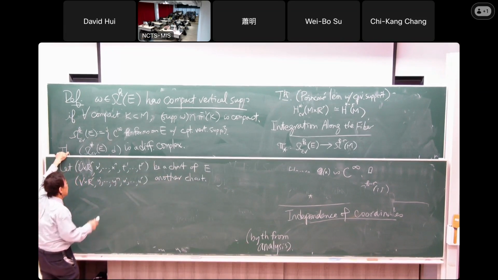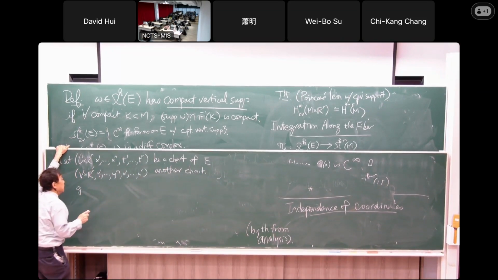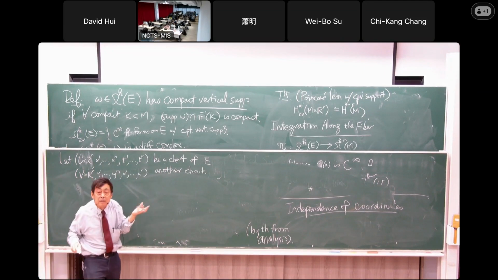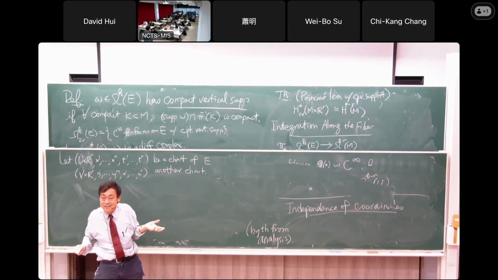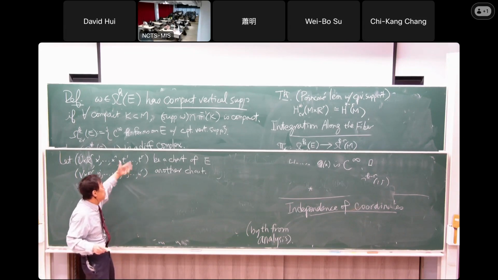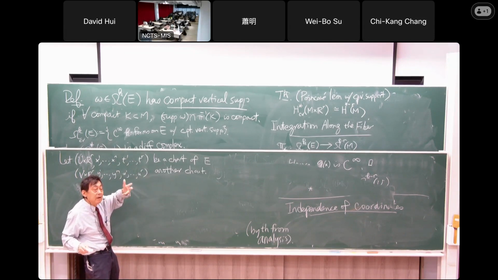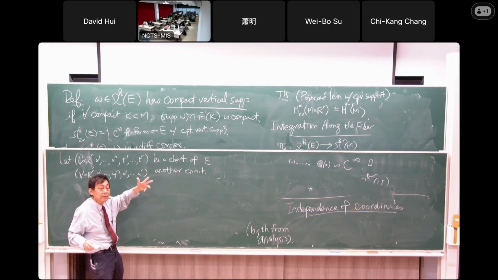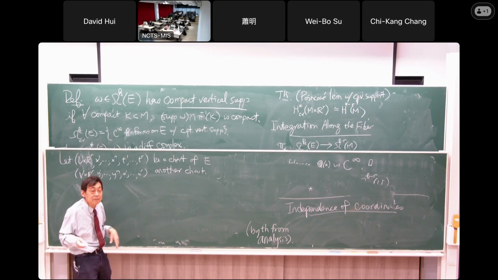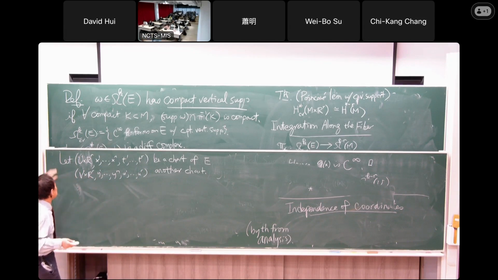Now, type 1 in one chart will be type 1 in any other chart because the t's transform by themselves, and you can't change the number of dt's, right? So you only need to worry about type 2, okay?